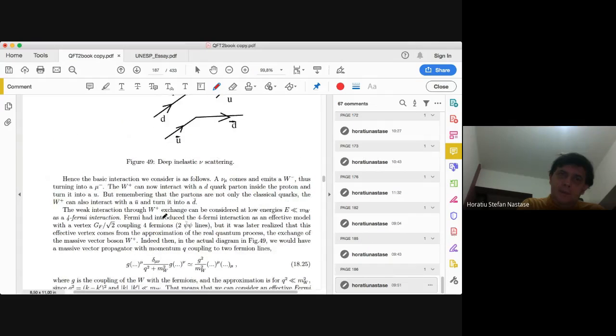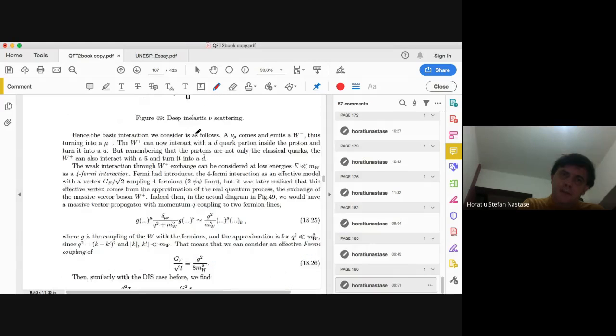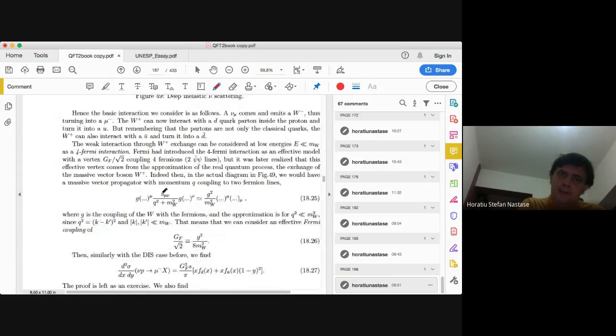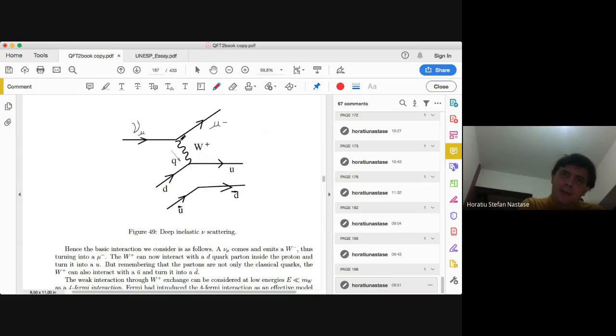So you see the basic interaction has a G coupling here, a G coupling here, and in between there's a propagator, delta mu over Q squared plus MW squared. But Q squared is much less than MW squared, so this looks like 1 over MW squared with delta mu, so contraction here. So this basically means that I just contract this propagator to a point.